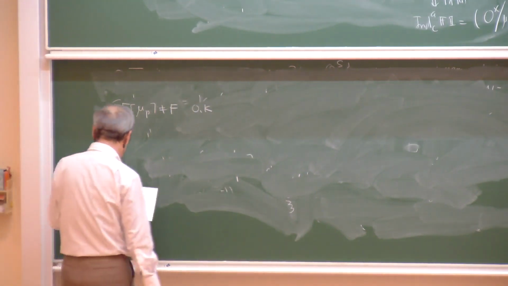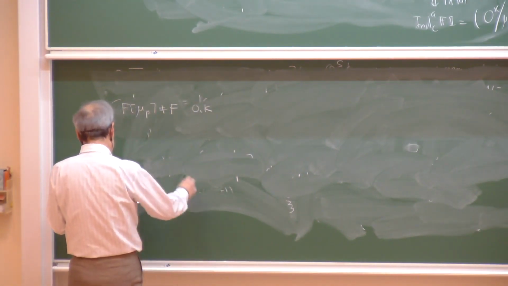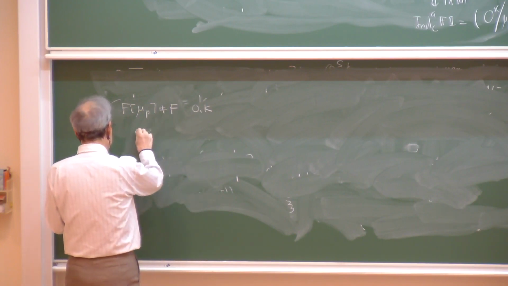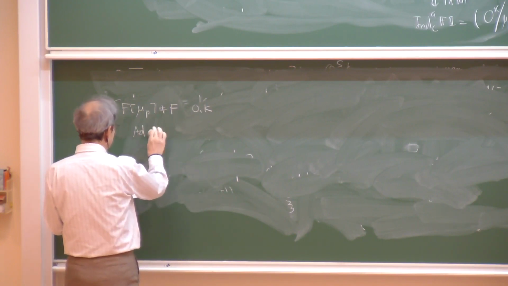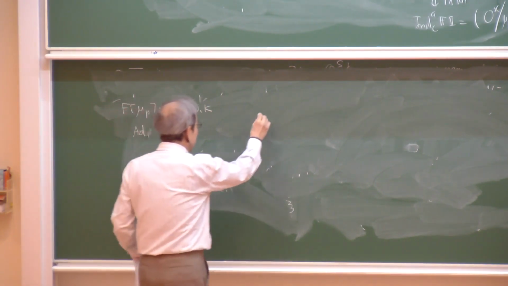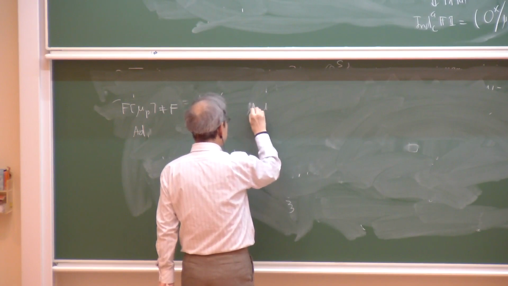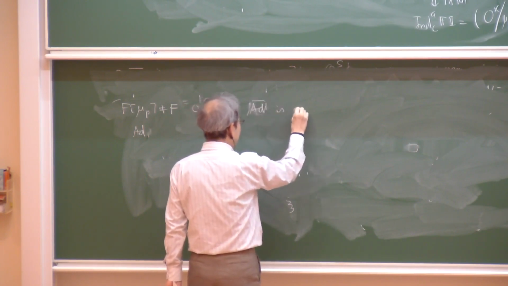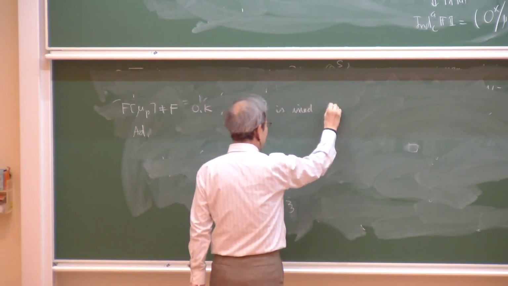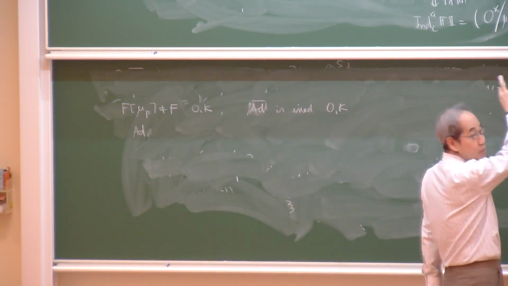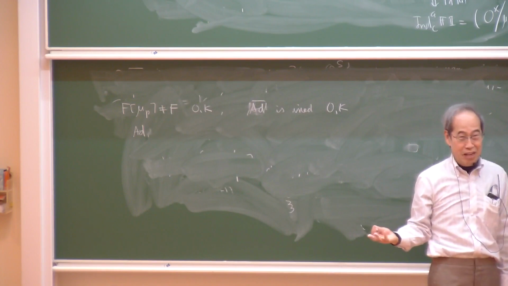And this is usually the case. But the bad case is, if ad is irreducible, because there's a one-dimensional space at most of mu p, right? But it's three-dimensional.